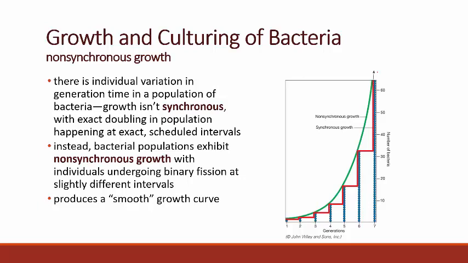And so that means that the numbers, if we were to sample every minute and we could somehow get a count in the colony in a cell that had a 20-minute generation time, we would then produce this green line curve where we see a much smoother rate of growth rather than a stepwise curve like you see in the red line. Okay, so hopefully non-synchronous growth makes sense here.